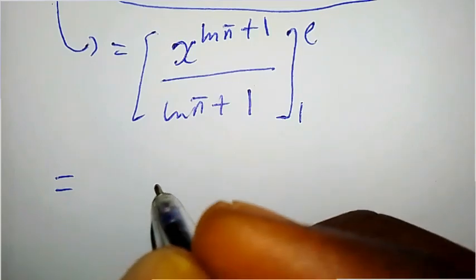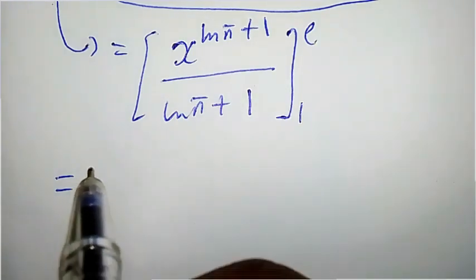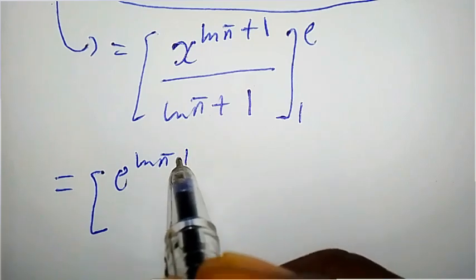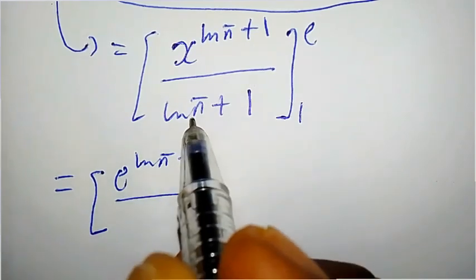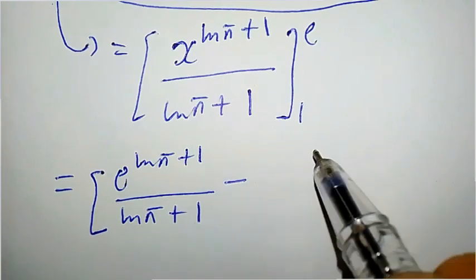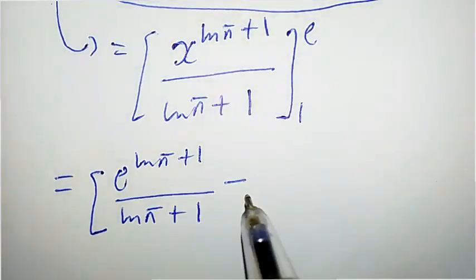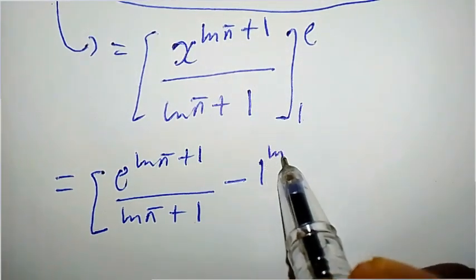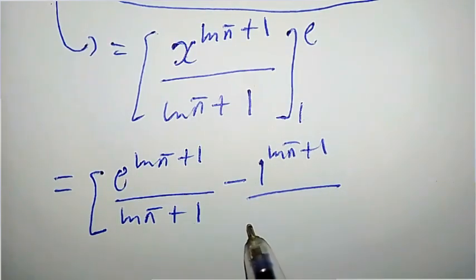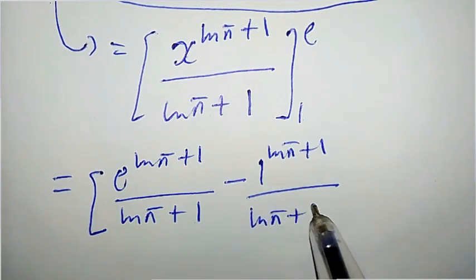This is equal to, the upper limit is e, so we have e to the power of ln pi plus 1 over ln pi plus 1, minus, the lower limit is 1, so we have 1 to the power of ln pi plus 1 over the denominator ln pi plus 1. Close the bracket.